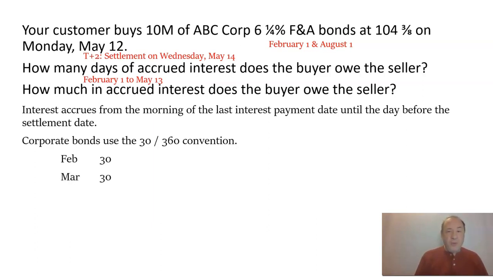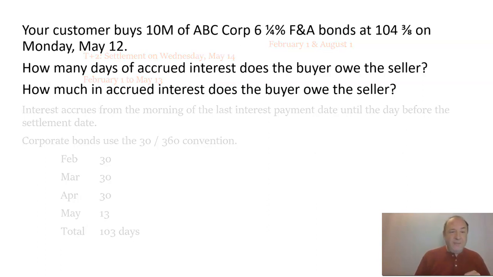March is also 30 days. There are 30 days in April. And plus, there are 13 days in May, right? From May 1st up until the day before settlement, May 13th. If we add that all up, that comes out to 103 days. So the buyer owes the seller 103 days of accrued interest.